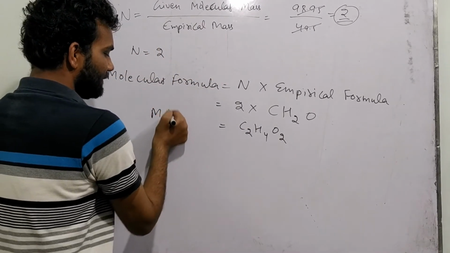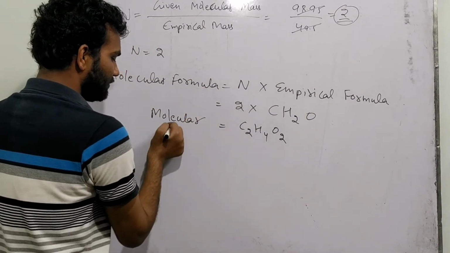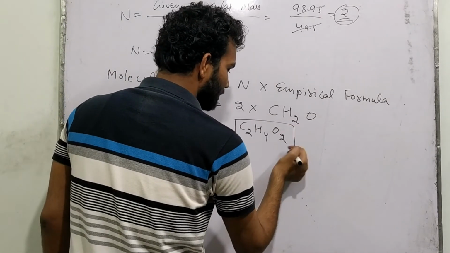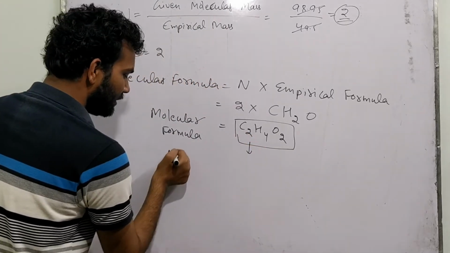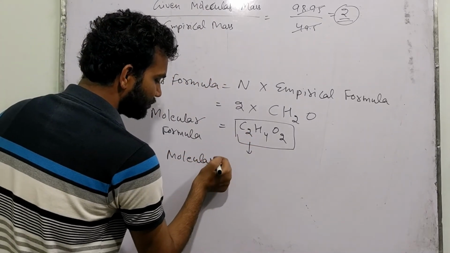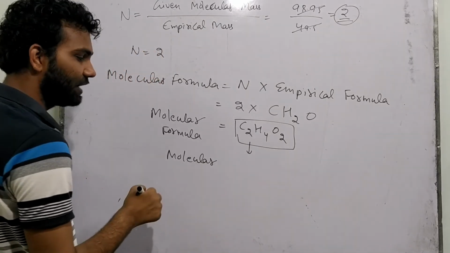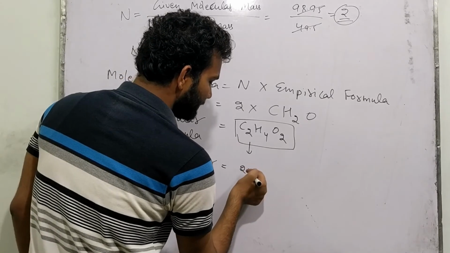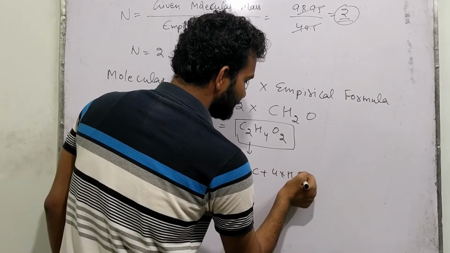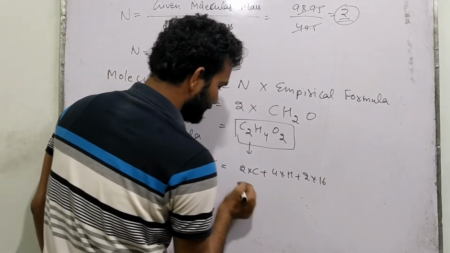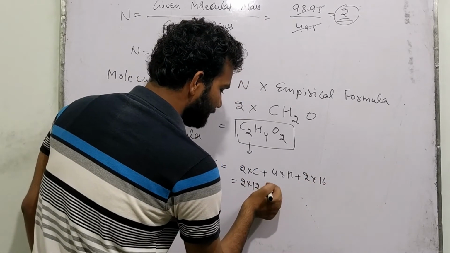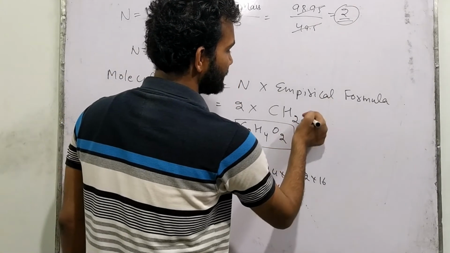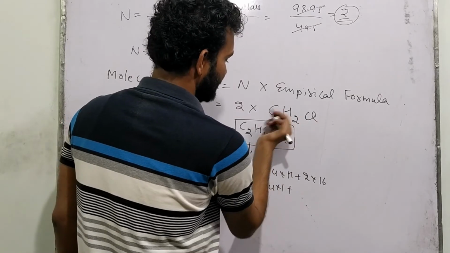So that is your molecular formula. Okay. Now if you want to check your molecular formula is correct, just calculate molecular mass which should be equal to the value which is given in question. 2 multiplied by C plus 4 multiplied by H plus 2 multiplied by Cl. 2 multiplied by 12 plus 4 multiplied by 1 plus 2 multiplied by 35.5. That is Cl.